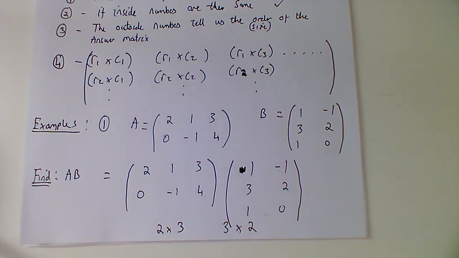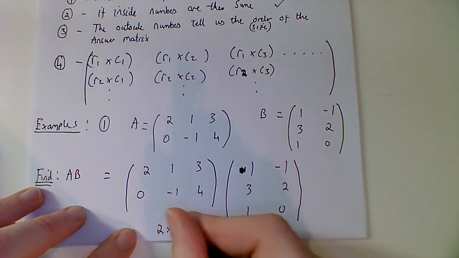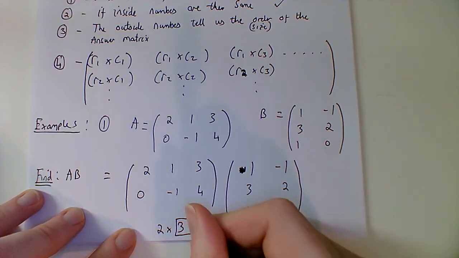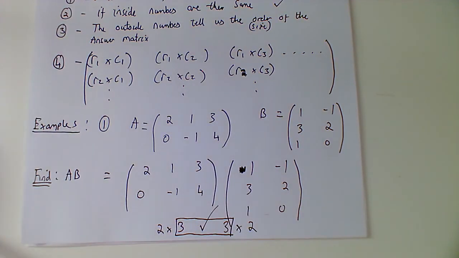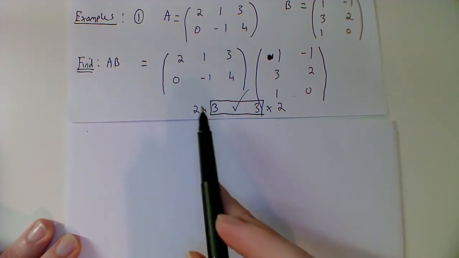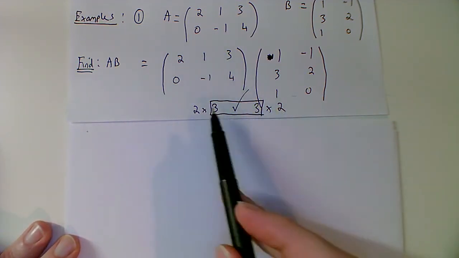So you write the orders underneath. Now, because these 2 numbers are the same, that means that our matrices conform, so they can be multiplied. If those numbers are different, you just simply say does not conform, so there's no solution. Now, the key thing that also tells me is that my answer matrix is going to be a 2 by 2 matrix.